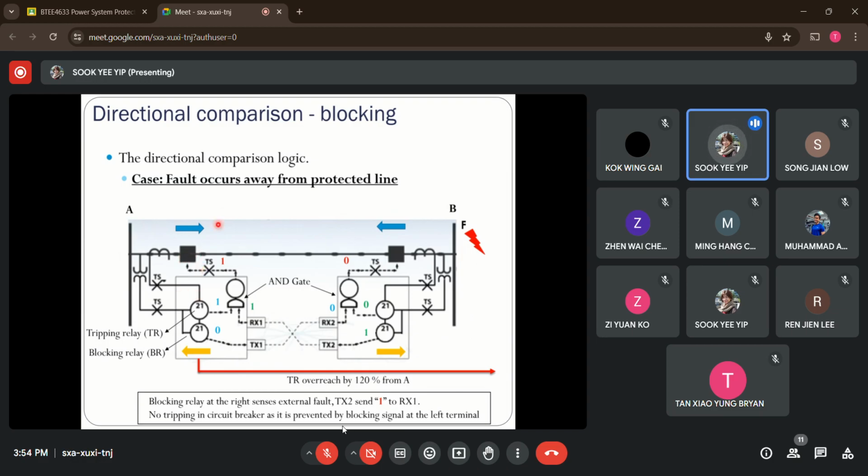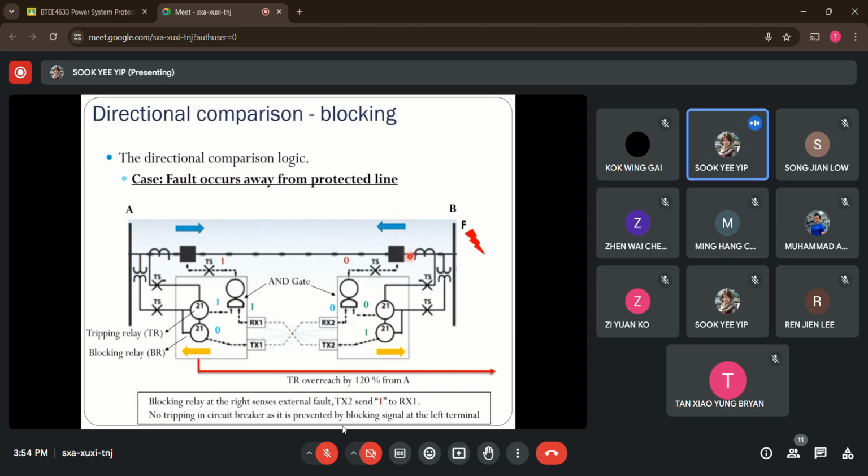The tripping relay senses there is a fault, but it is blocked due to the blocking signal received from the other side. That's how the external fault is not tripped from the system. At the terminal here, the tripping relay initially is unable to sense it, which is why no trip is sent to this side's circuit breaker. So that's how it works.